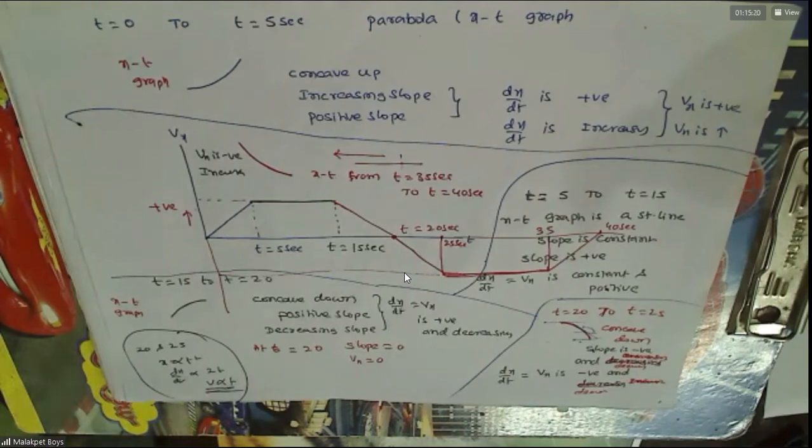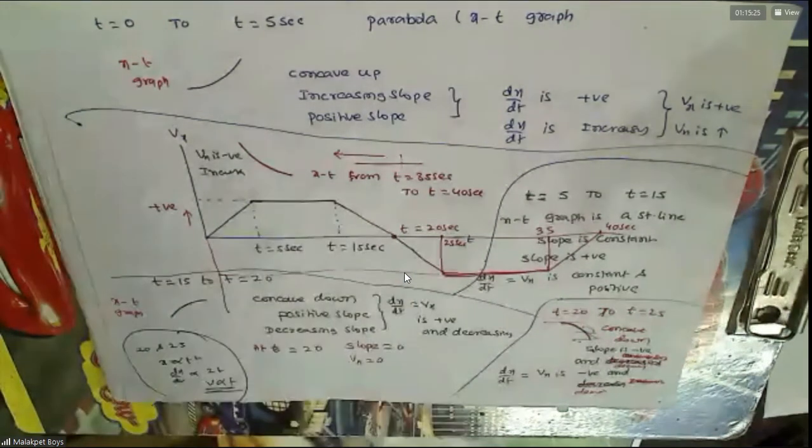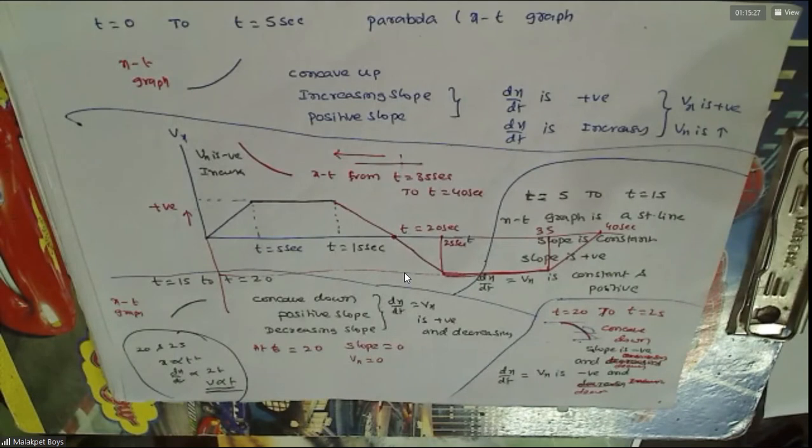Now try to attempt what the next one is asking. From this graph, you will get the acceleration-time graph. You cannot directly draw it from the xt graph, you can get only the vt graph. From the vt graph, you can get the acceleration-time graph. Agreed or not? Shall I turn this page?